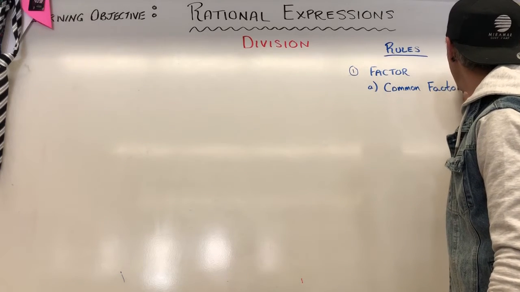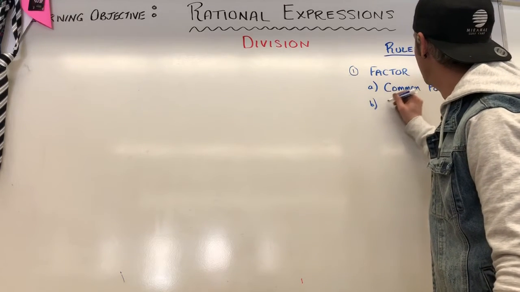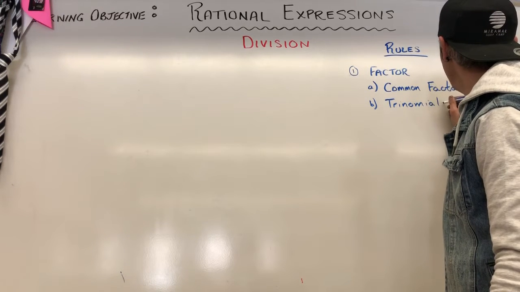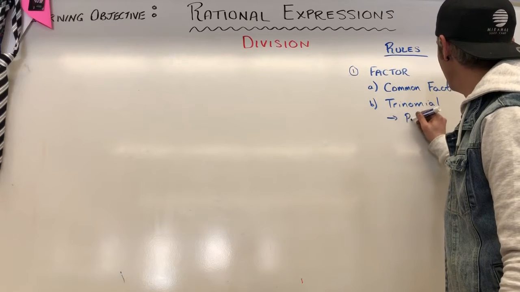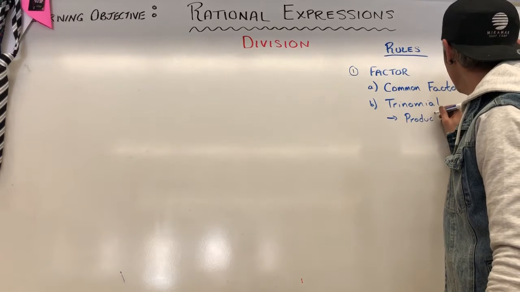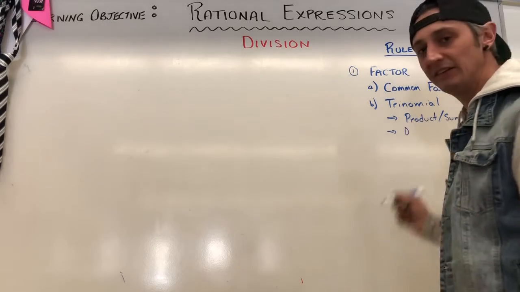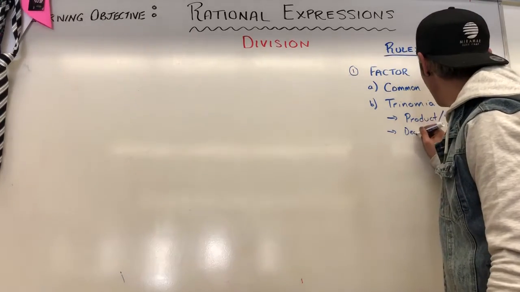And then once we've done the common factors, we're going to ask, okay, is it a trinomial now? And if it's a trinomial, I can factor either by product sum, if there's no number in front of my x squared, or I can use decomposition if there is a number in front of my x squared.